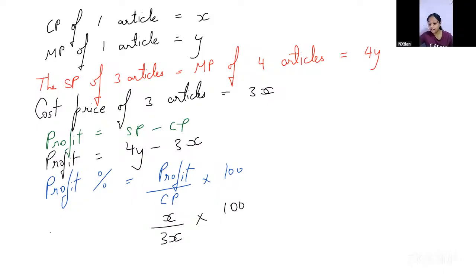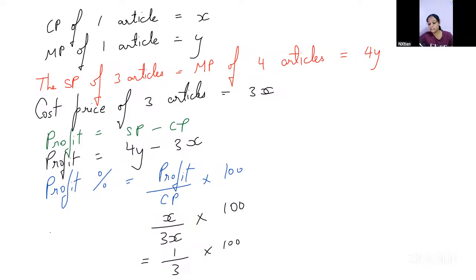Now, X upon 3X into 100 we have. We can see that this X upon 3X is in the form of 1 by 3. So we can substitute 1 by 3 here, into 100.